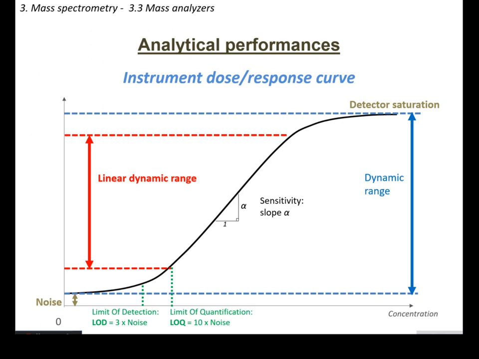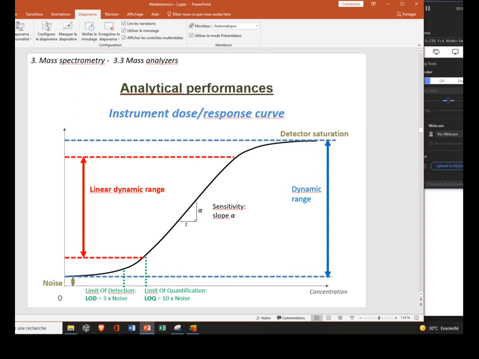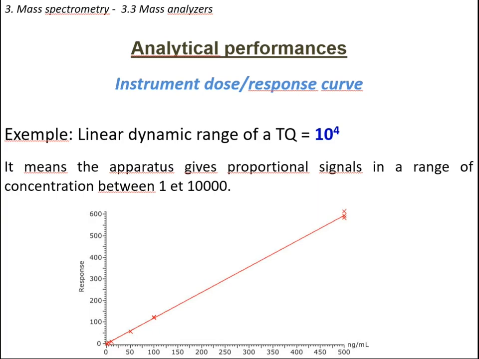And so this is only during the linear range of the curve. Here is an example of this linearity for a triple quadrupole with a linear dynamic range of 10,000. It means that the apparatus will give a proportional signal in a range of concentration between 1 and 10,000.